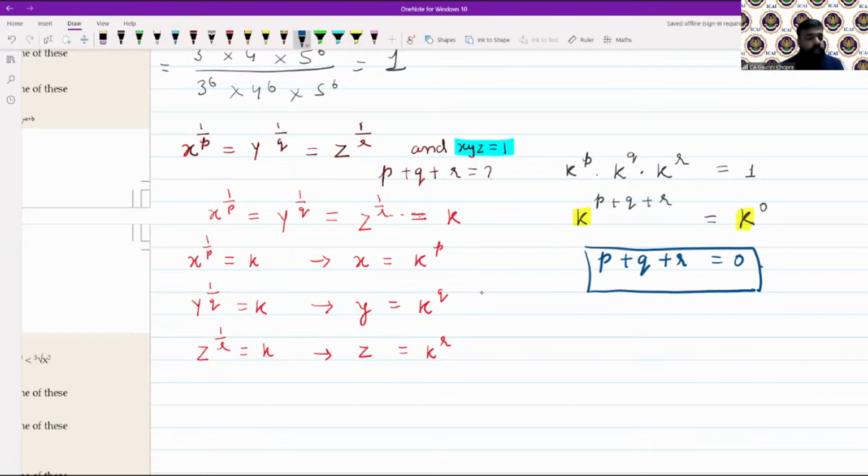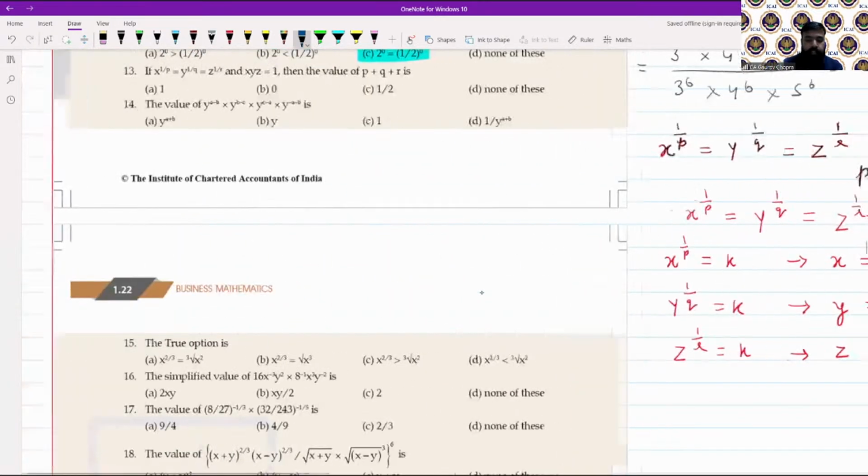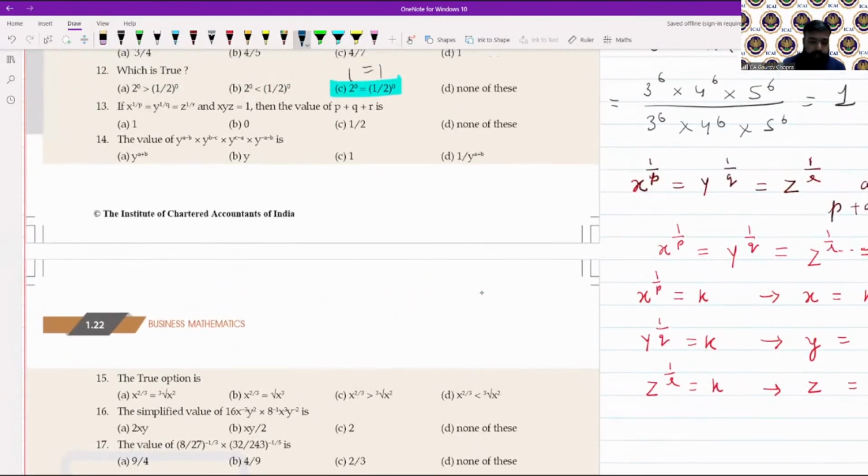Whenever such a question comes, you have to solve in this manner. All right. Okay, everybody. So option number B is the correct answer. That is 0.